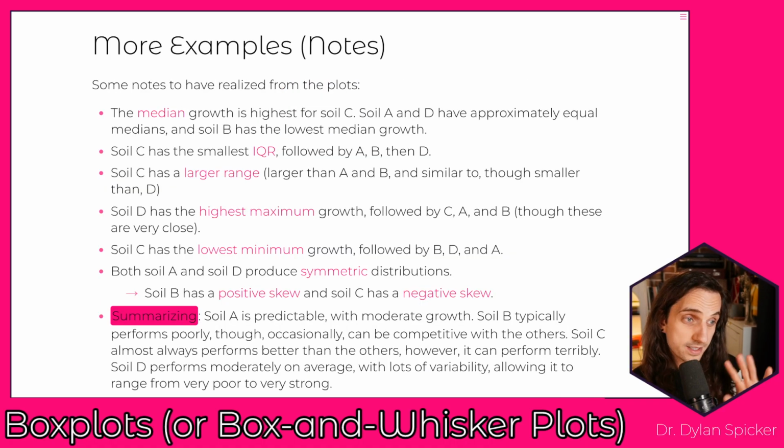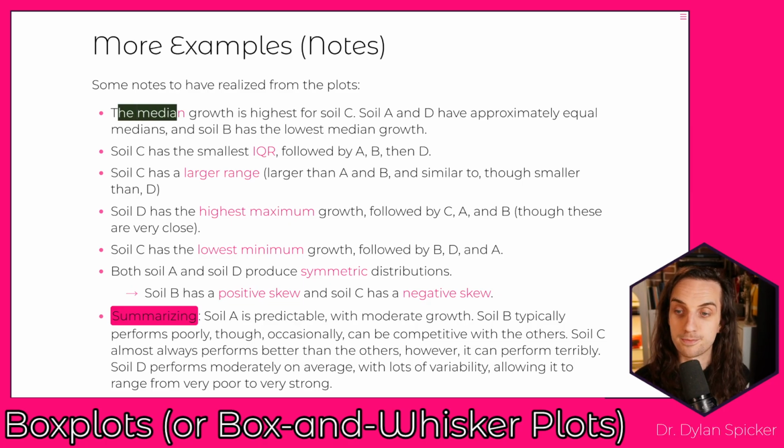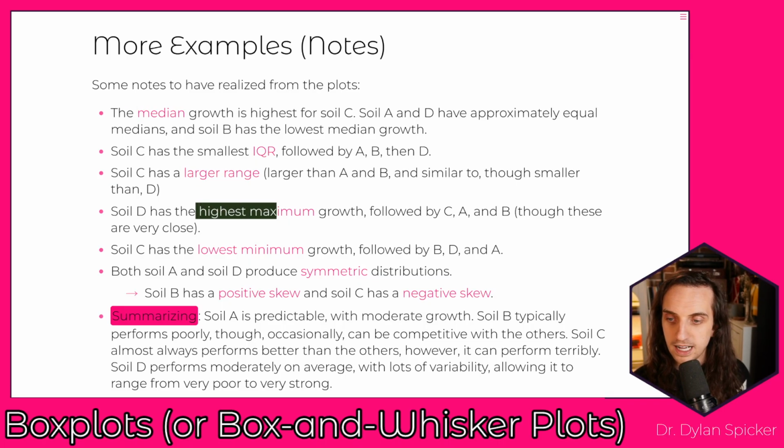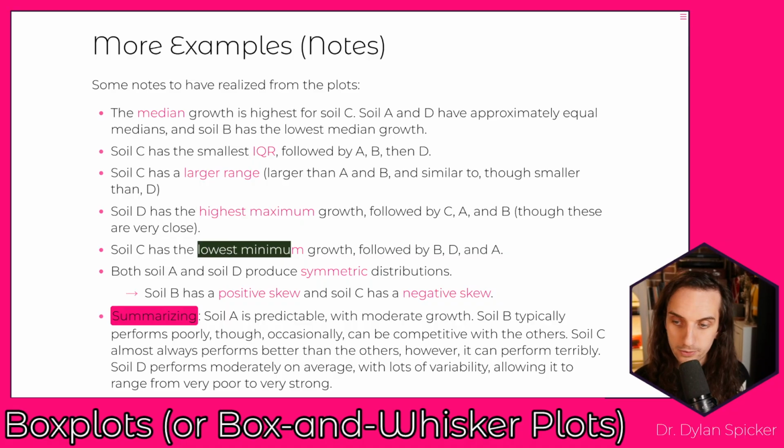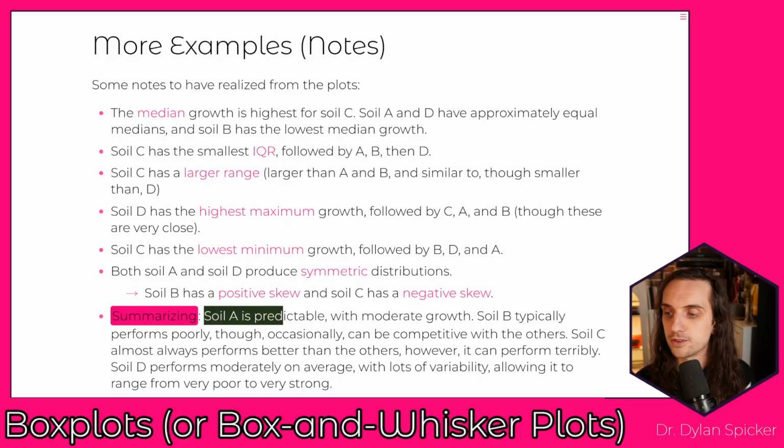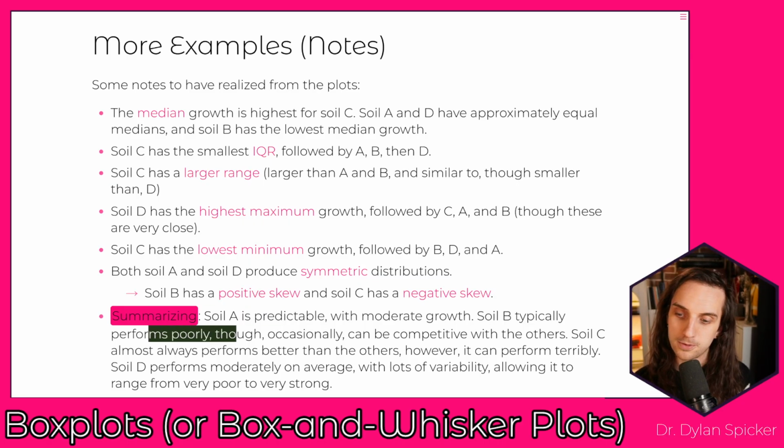And so we can take a look through all of this, right? This is all sort of summarized here, all the points we talked about. So we're comparing their medians, their IQRs, the ranges, right? The highest maximum values or the lowest minimum values, symmetry versus skewness, right? And then we can think about summarizing what this actually tells us. So soil A being predictable with moderate growth, B typically performs poorly, although it can be competitive with the others.